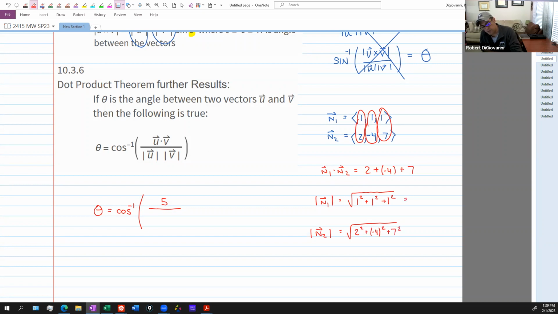Okay, so I get √3 on one of them. And the other one, what is that? 16 plus 4 plus 49, 69, √69. There we go. So we put these together.